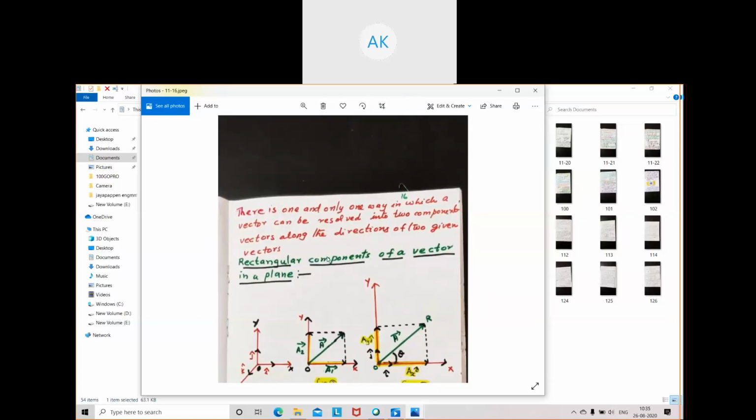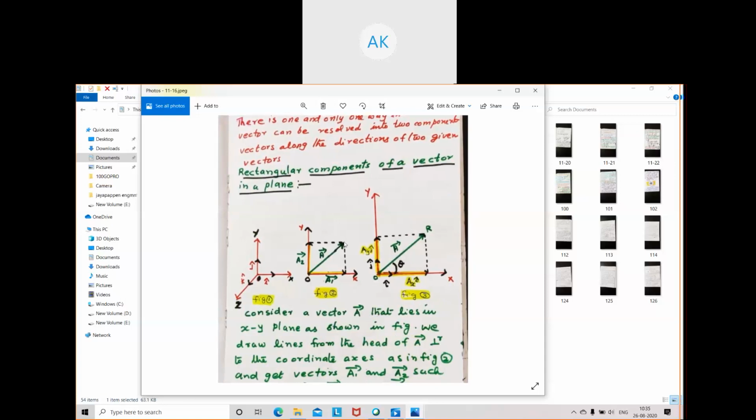So you have first vector A given to you. We have to split that vector A into its component vectors, and the component vectors must be perpendicular to each other. So the first step, you should know the rectangular coordinate system.